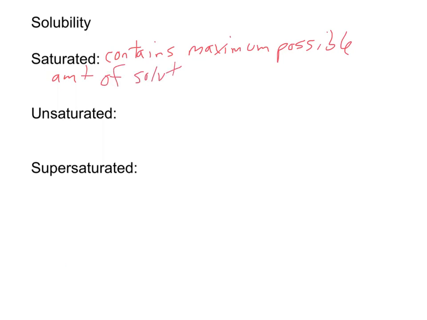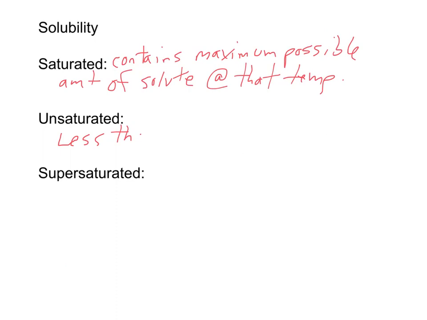That would, of course, be it contains less than the maximum. And then supersaturated. And supersaturated is more than the maximum due to a trick that we also discussed earlier in the year. So we won't spend much time on these terms as you should already know them.